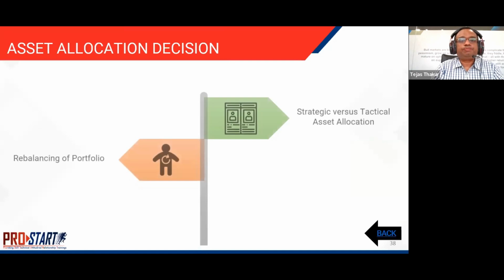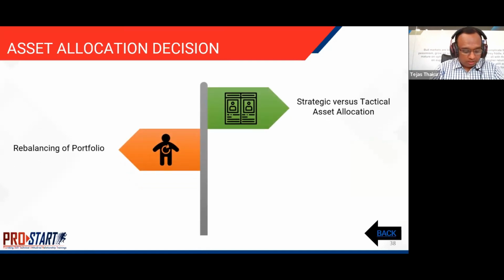Asset allocation decision. An asset allocation decision, as we discussed at the beginning of the study, is a vital point in terms of deciding what kind of investment is suitable for an investor based on the risk return appetite of the investor.